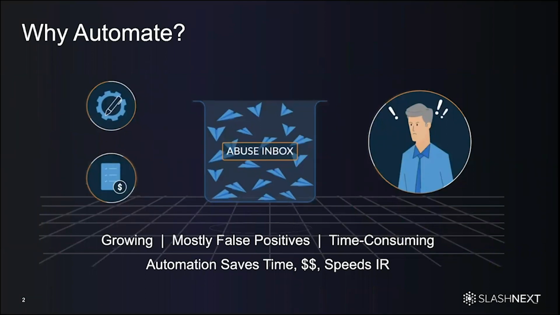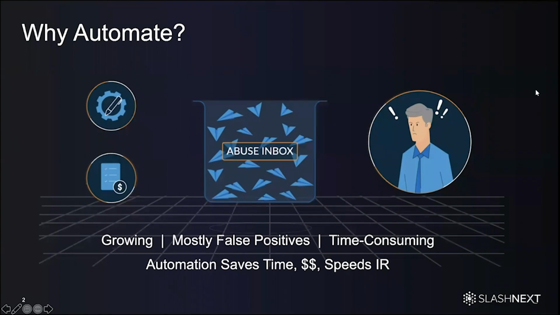Incident responders are overwhelmed by the number of phishing submissions that they have to review on a daily basis. Many of these submissions are actually false positives that require manual review. And reviewing a false positive is extremely time-consuming to only determine that it is indeed a false positive.